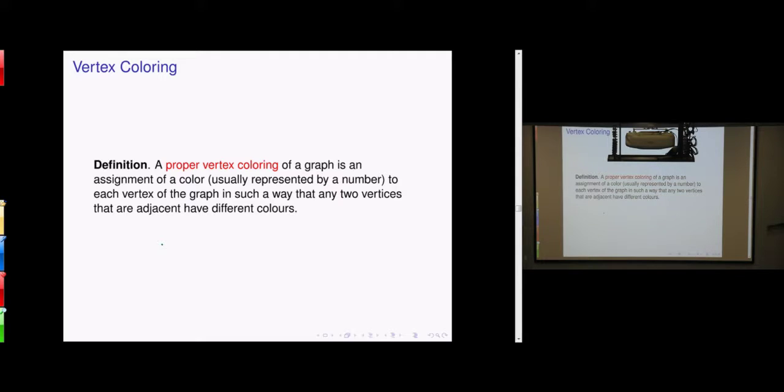Suppose 2 vertices are adjacent, connected by an edge, then you cannot color them using the same color. That's what proper means: if you have an edge, then the 2 ends of the edge cannot be colored with the same color.